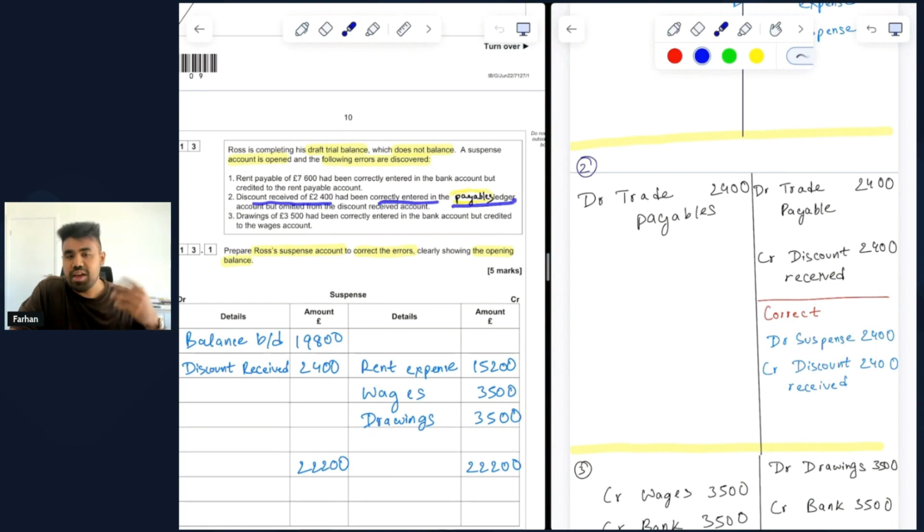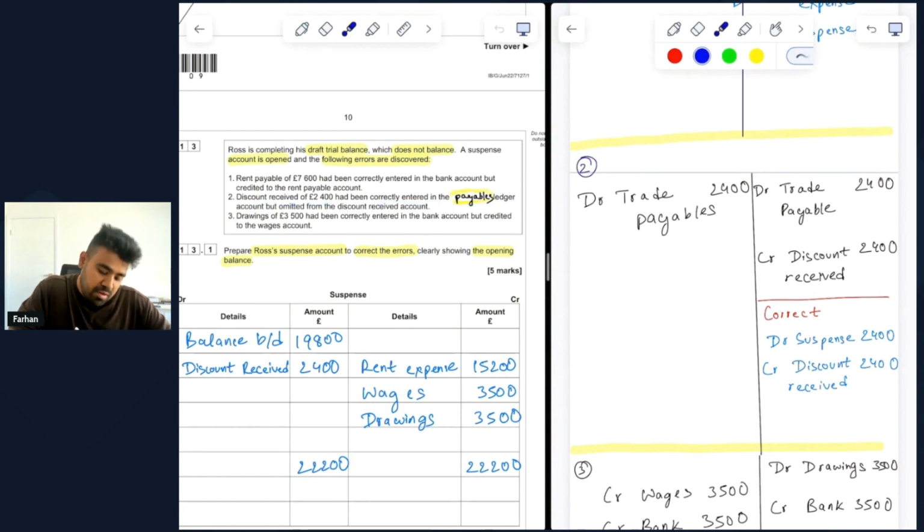Discount received is something that you can only get from your credit supplier. So it has to be relevant to your trade payables, who are your credit suppliers, from whom you purchase on credit. So that is why it makes sense for discount received to be recorded in the payables ledger and not the receivables ledger, as there was a mistake in the question.